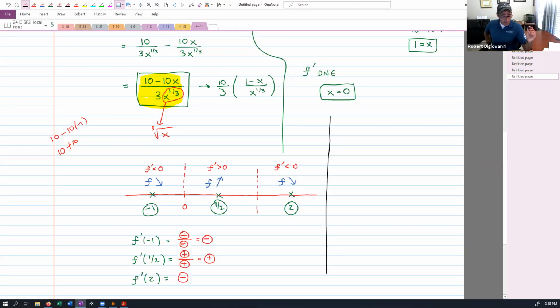Okay, let's see here. Let's figure out where the function is going up. That happens in here, right? In the yellow region. That's the only place that the function is going up. So that's going to be on the interval (0, 1). The function is going down where?